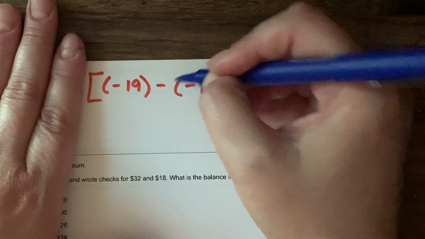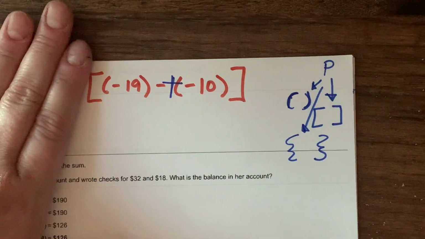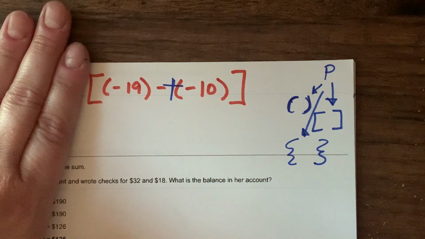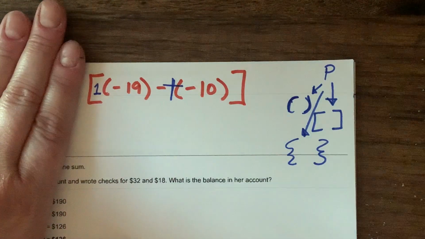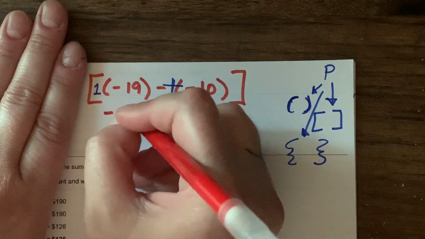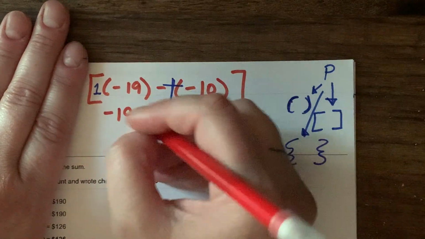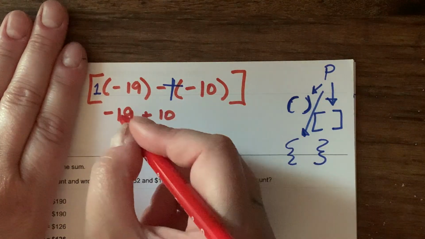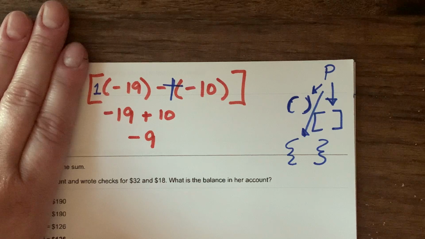First, I see a double negative. There's a parentheses in the middle of it, but it's okay. That is totally legal. Then I see this -19, but with nothing in front of it. It's kind of like there's a pretend 1 in front of it. And 1 times -19 is -19. Okay, then that double negative on the 10 made a plus. So let's go ahead and do that math. -19 plus 10 is -9.